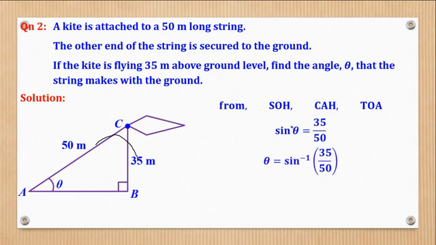Our aim is to make theta the subject. So when this one goes to this side, you get inverse sine. Now you know how to do that. So inverse sine of 35 over 50 will give you 44.43 degrees. Remember we said angles are written to 2 decimal places. And that is what they wanted.